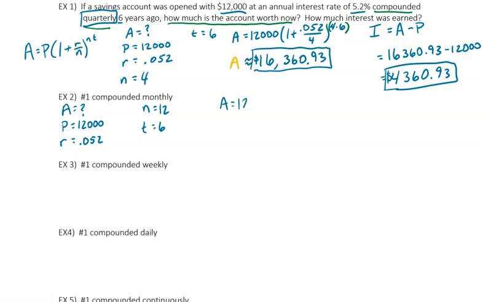So we have A equals 12,000 times 1 plus 0.052 over 12 raised to the 12 times 6. Again, you get to plug this whole thing into your calculator, and if you do that, you should be getting $16,382.81 approximately.